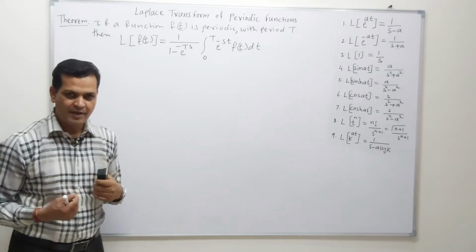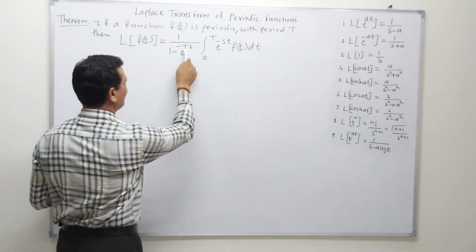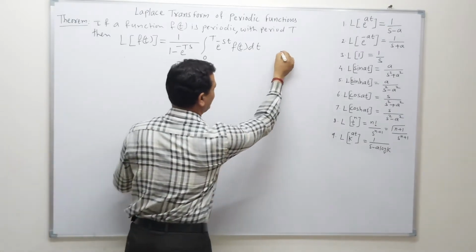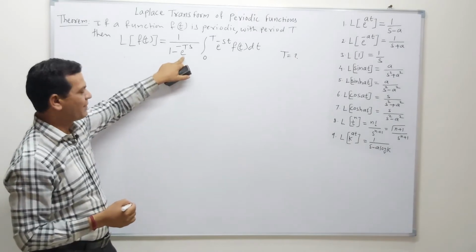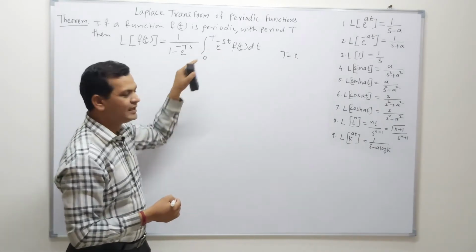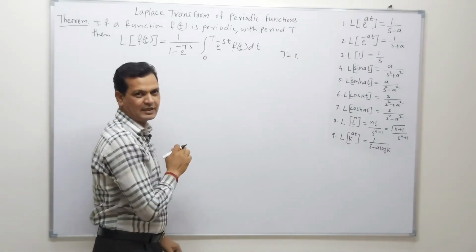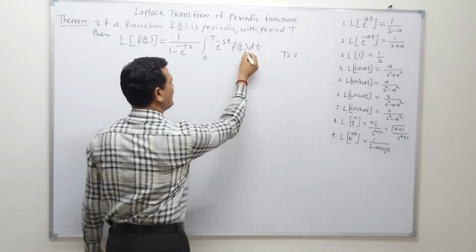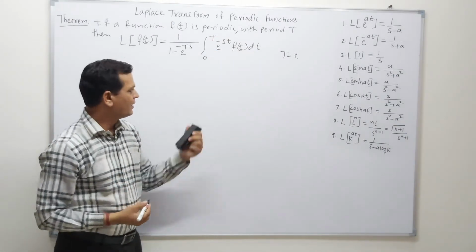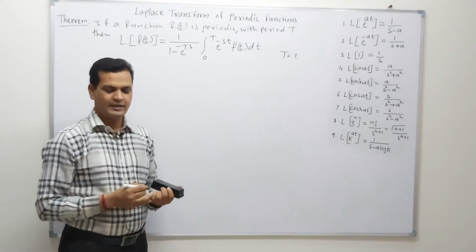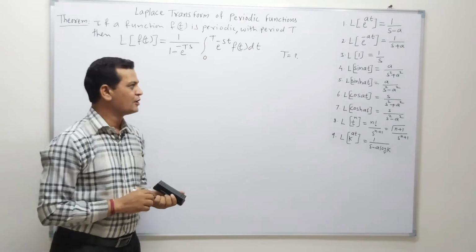Now to solve an example based on this, just find the value of capital T, the period. Put the value of capital T here, and the integration limit is also the period, capital T. Again, put the value of f of t and find the integration of this function. We will reach the required solution to the given example. So this is the theory part, one of the theorems related to this concept.